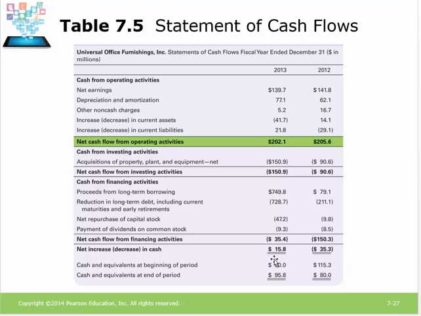This year, it's $15.8 million positive. So this year, they've been able to generate more cash for the company. And you can see it went from $80 million at the beginning of the year to $95 million at the end of the year.